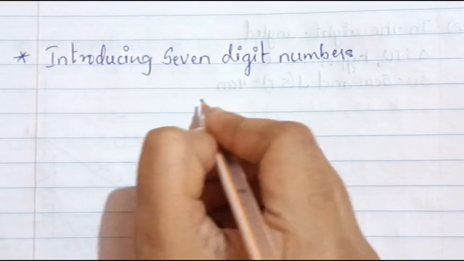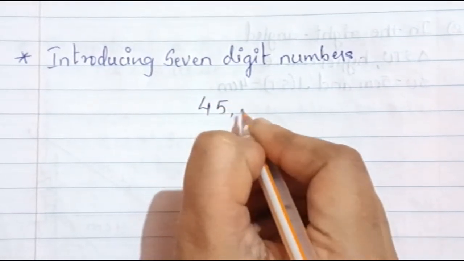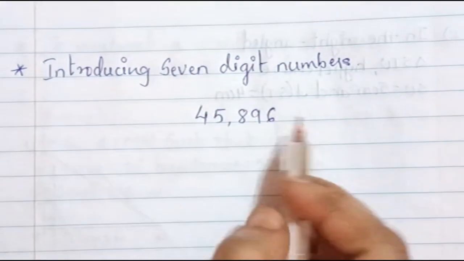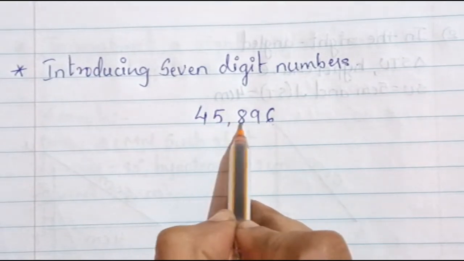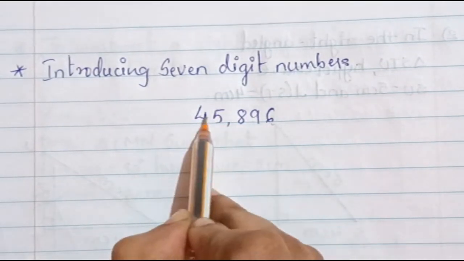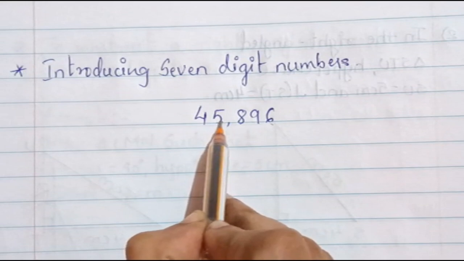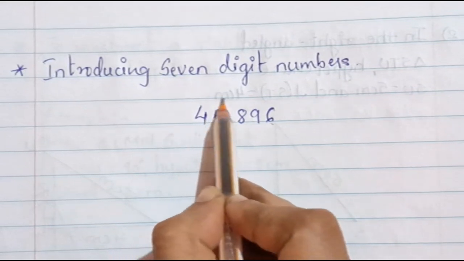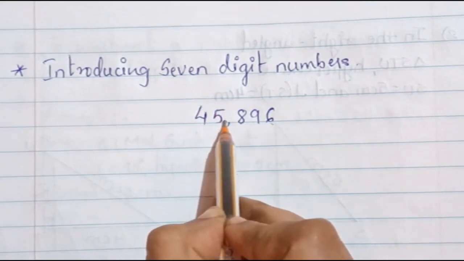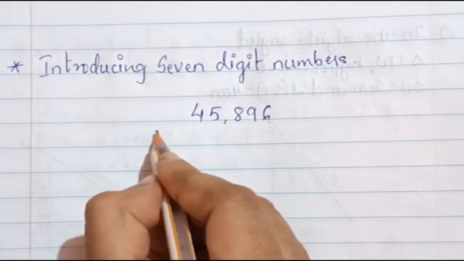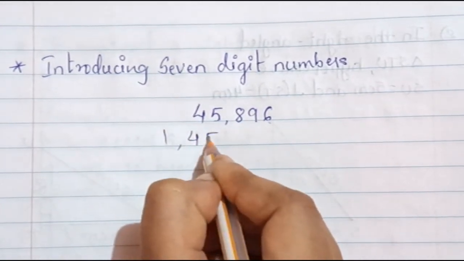First, a 5-digit number, suppose 45,896. Hundreds place, tens place and units place, thousands and 10,000. This was one group of thousands. This was a 5-digit number.